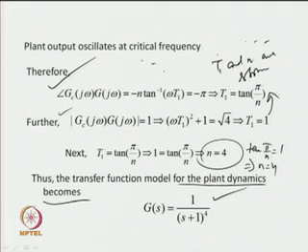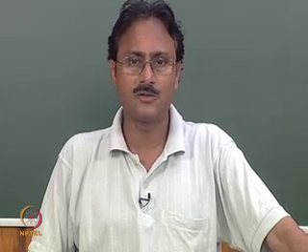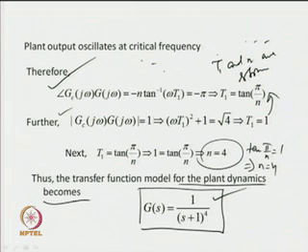So, using the sustained oscillatory output from the closed loop system, it has been possible to estimate two unknowns of the transfer function model, and after finding the two unknowns and the steady state gain, the process dynamics can be expressed in the form of a transfer function model of this form.